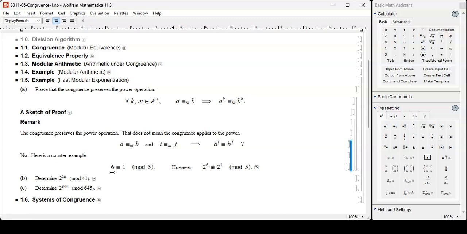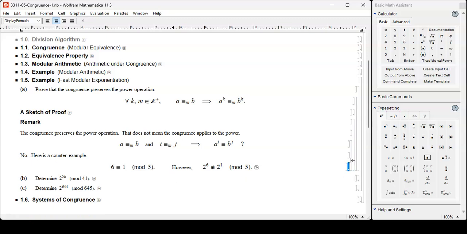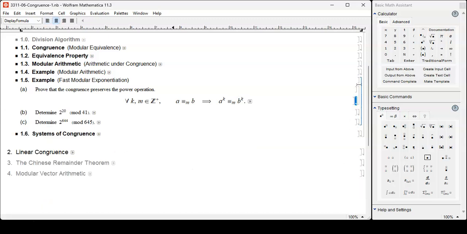For example, 6 and 1 are congruent modulo 5, but 2 to the 6th power and 2 to the 1st power are not congruent modulo 5. 2 to the 6th power is 64, which is congruent to 4 modulo 5. 2 to the 1st power is, of course, just 2, and 4 and 2 are different modulo 5. There are many other examples, but that's sufficient.